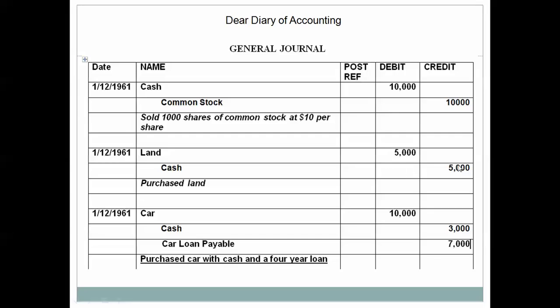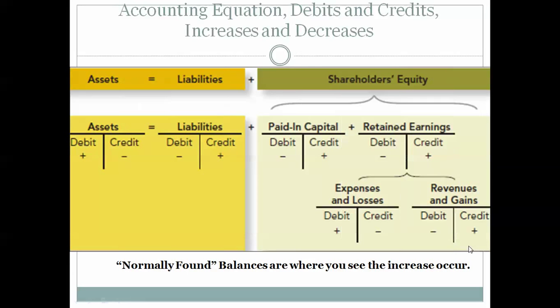The left is equaling the right. Every transaction has a minimum of one debit and one credit. Every single transaction. Put a down payment on the car. We have a $7,000 loan on the car. Nonetheless, the left is still equaling the right. So overarching, we need to make sure that everything stays in balance.